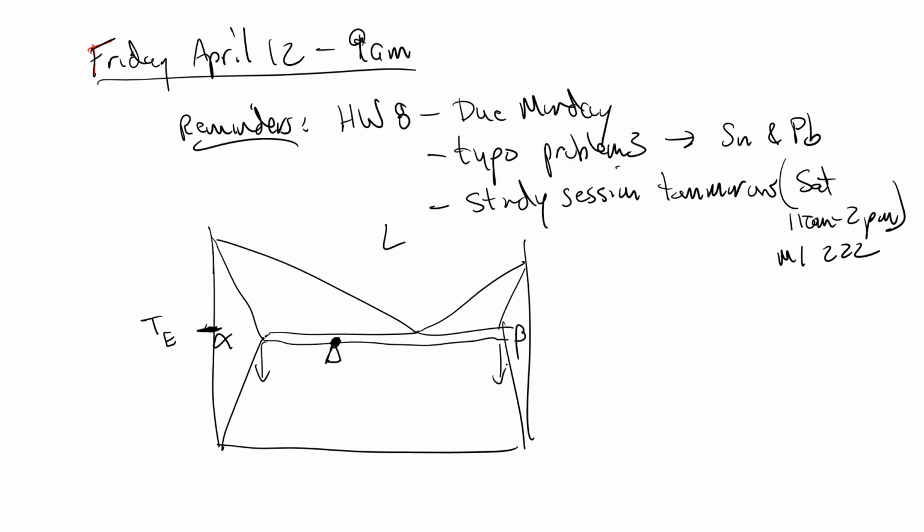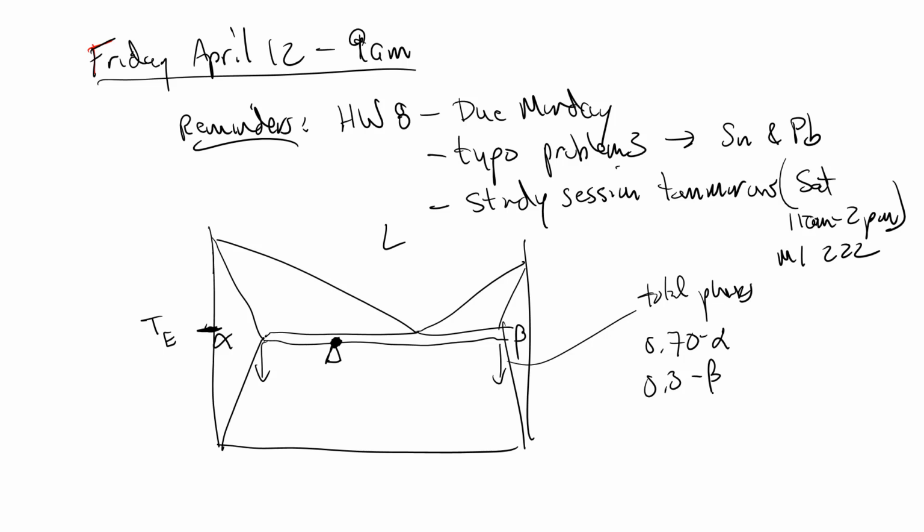It gives you what phases are present, what's the composition of each phase, and the amount of each phase. So down here where that triangle is drawn, we have two phases, alpha and beta, and you can see we have about 70% alpha. So these are the total phases. We have about 70% alpha, or 0.7, and 0.3 is going to be beta phase.